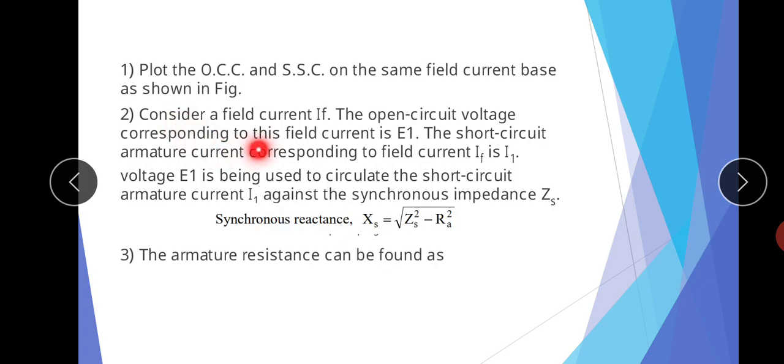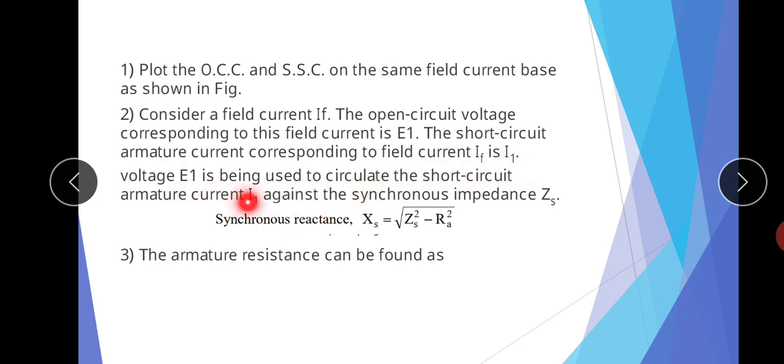So consider a field current IF. The open circuit voltage corresponding to this field current is E1, as shown in the graph. The short circuit armature current corresponding to this field current IF is I1 or IS.